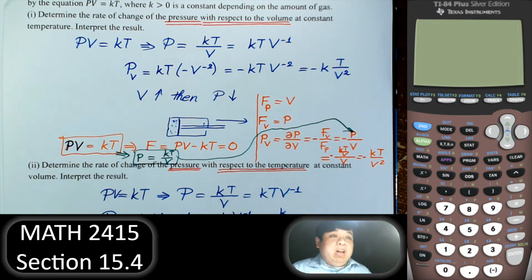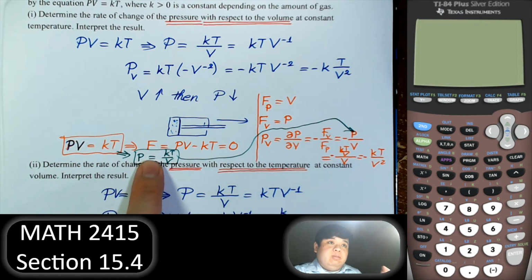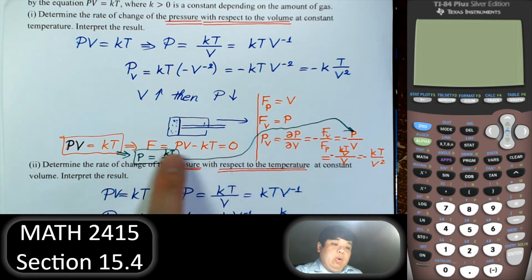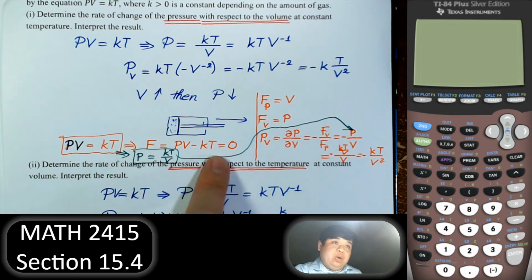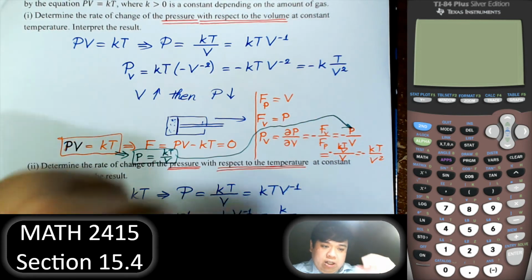But we use implicit differentiation. So move everything on one side, get the function, and we have the equation equal to 0, and we let that equal to f. And use partial derivative, and we will do this.